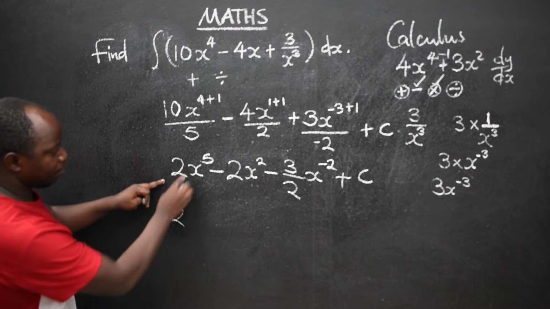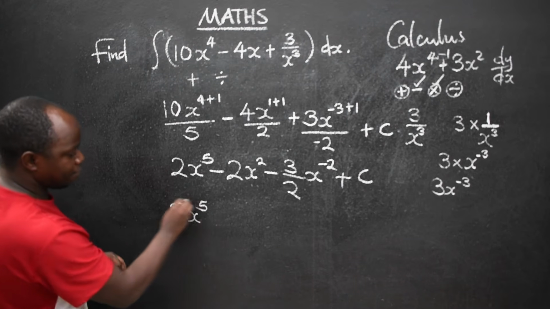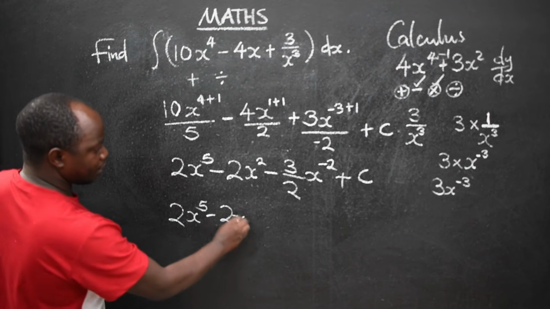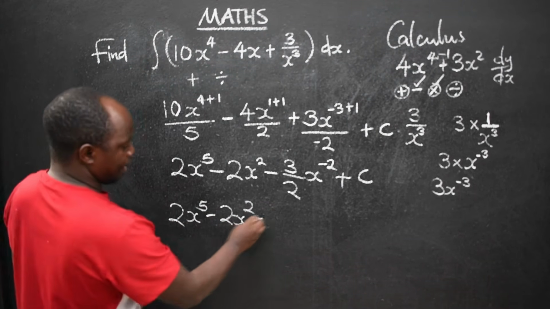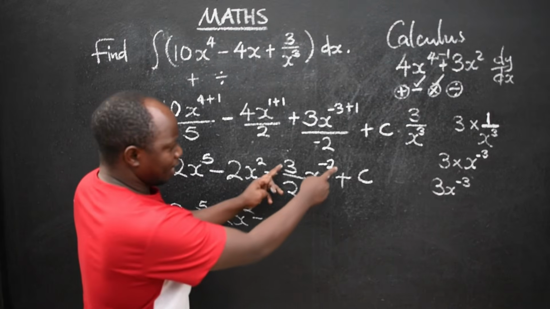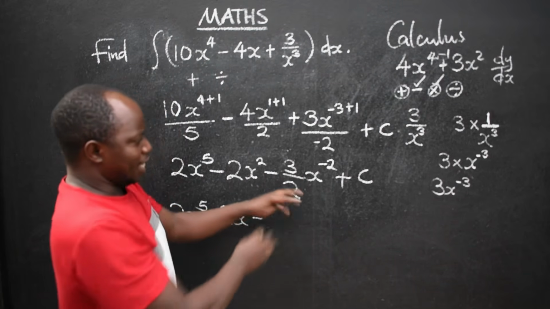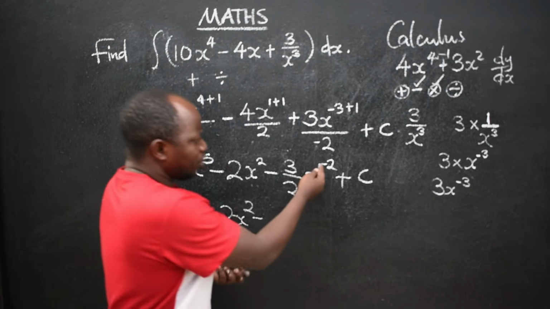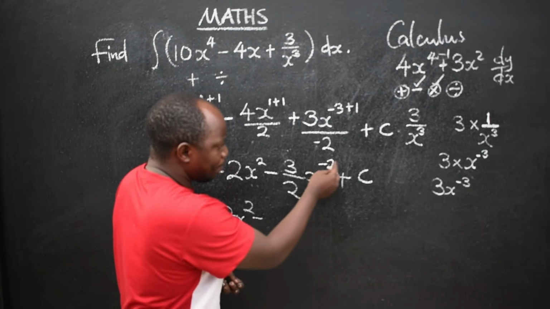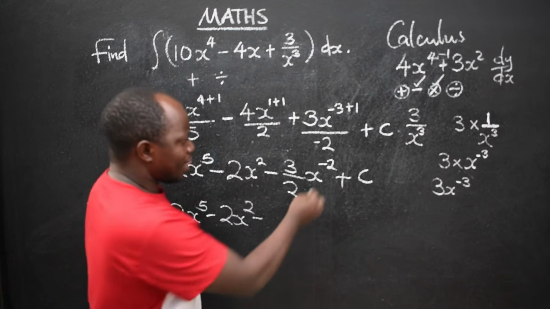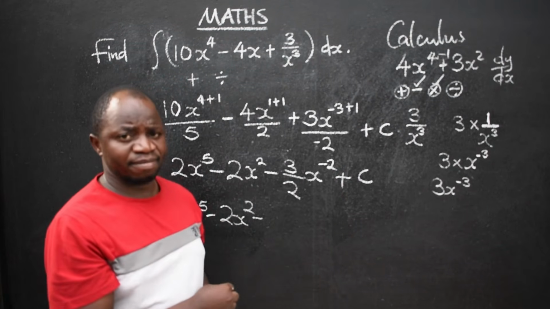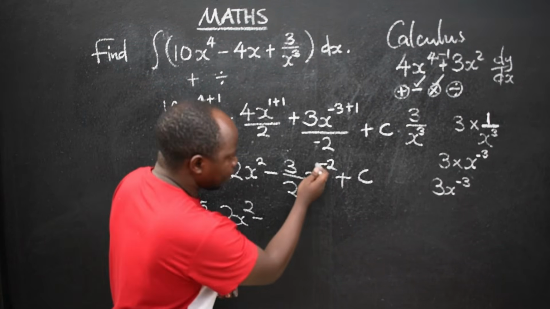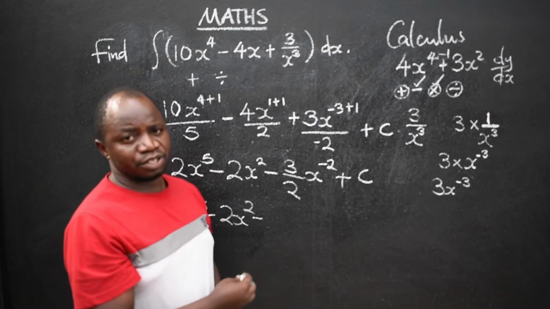What will be my final answer? It will be 2x to the power 5 minus 2x squared minus. Yes, it is okay leaving your answer there, but it is good you leave this power in positive form rather than negative.